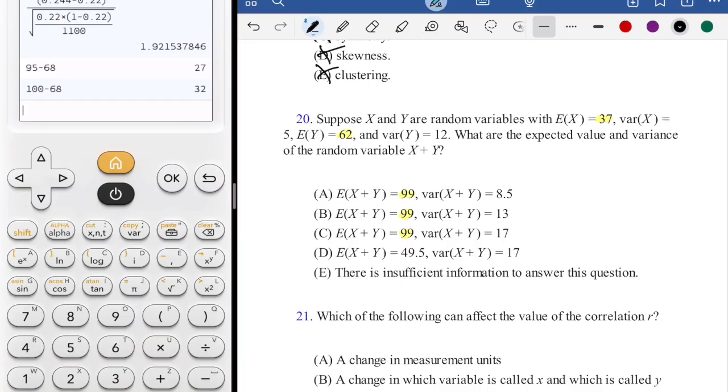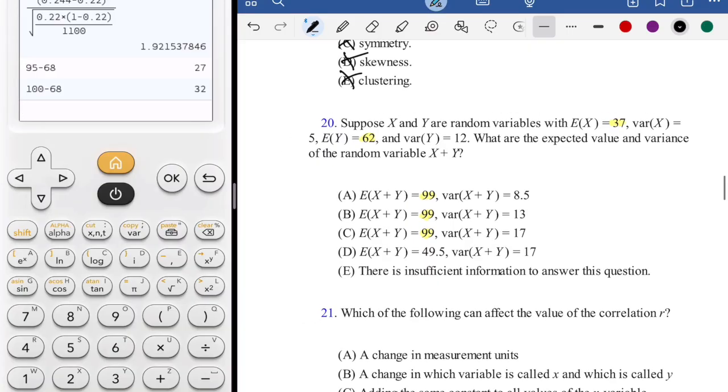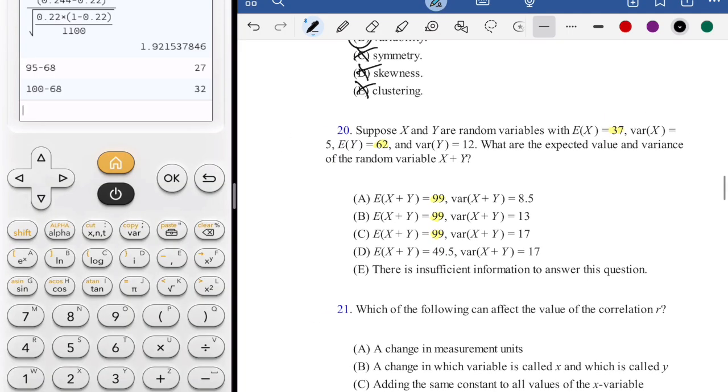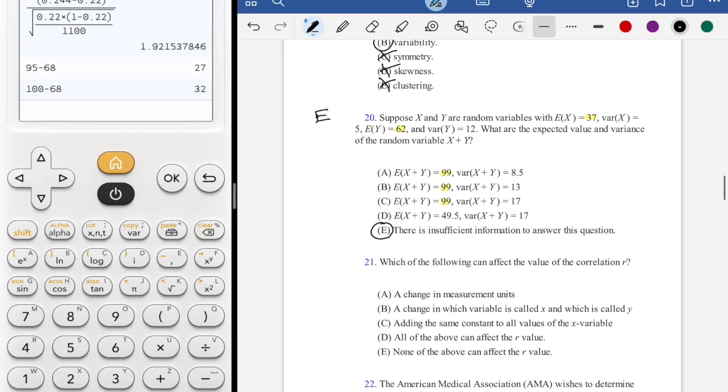There is a crazy nasty formula for dependent situations that'll help you make that determination, but it wouldn't give any of these values first and foremost, and also it's not something that they typically ask on the exam, so I would say that this is one of the rare cases where none of the above would be the appropriate response.